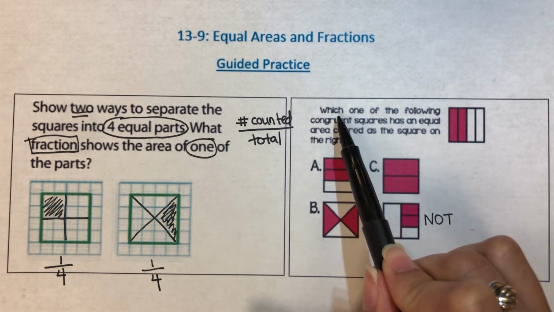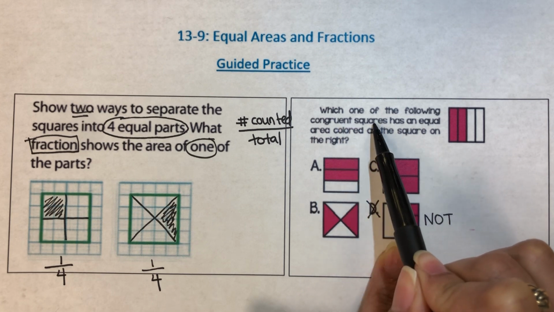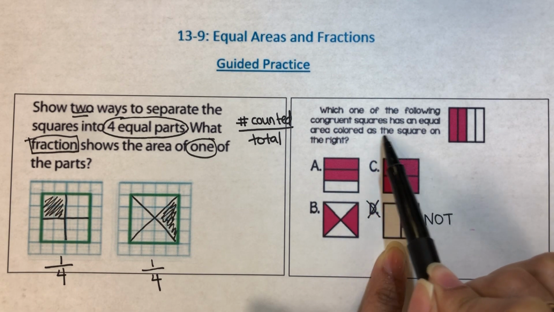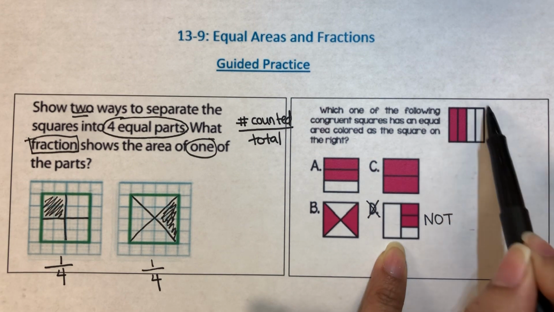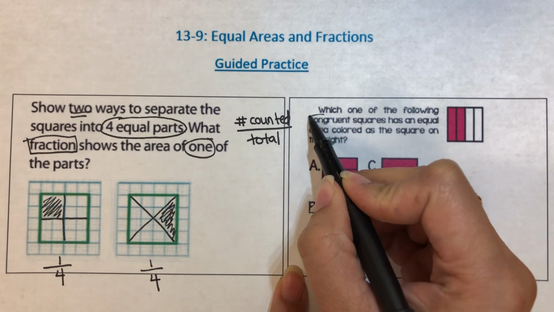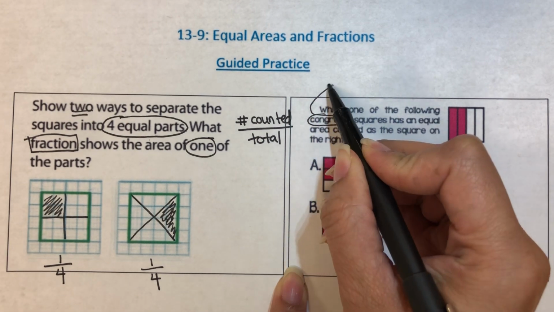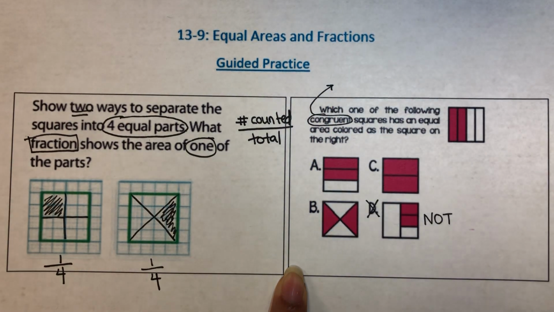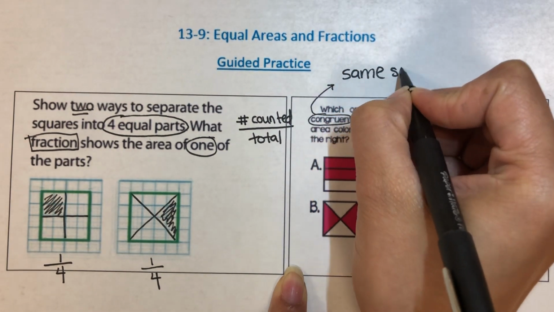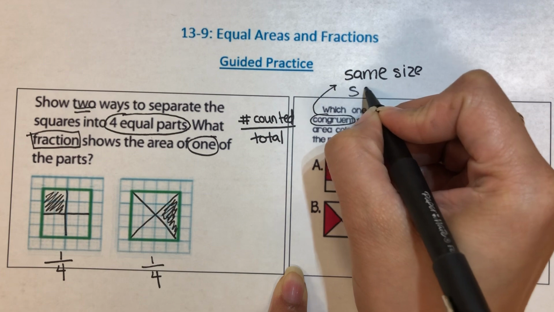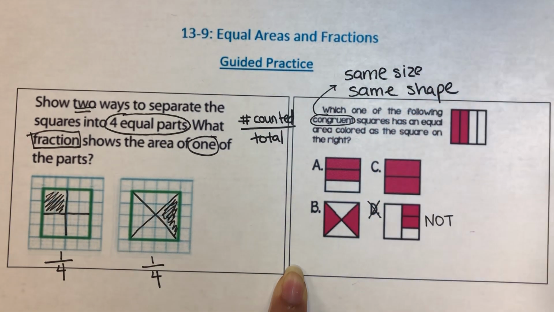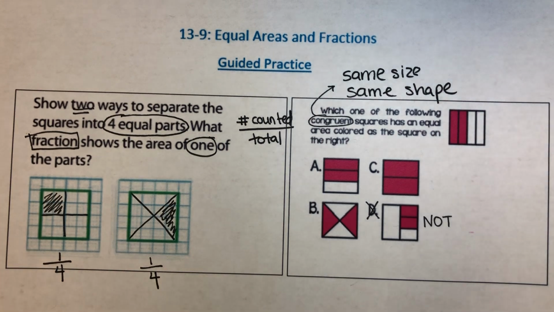So at the top, which one of the following congruent squares has an equal area colored as the square on the right? So we want something that is equivalent to this. And it's important that the word congruent is here. And again, congruent means same size, same shape. Same size, same shape.